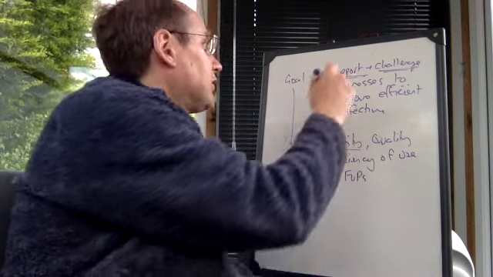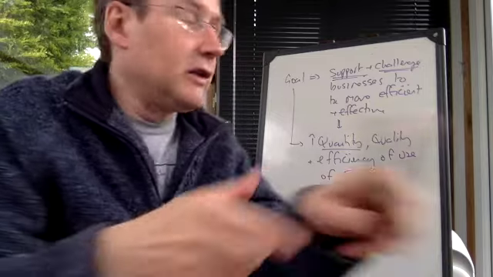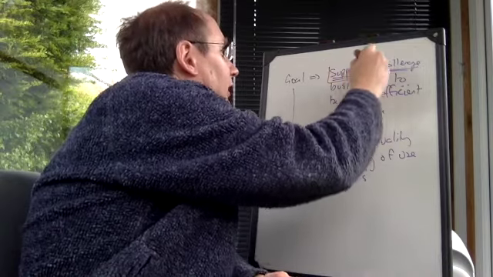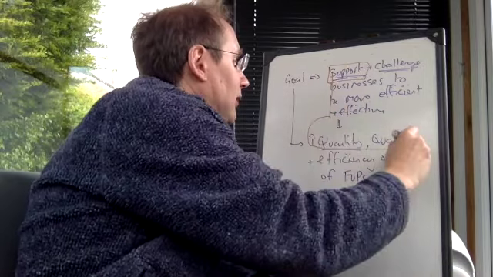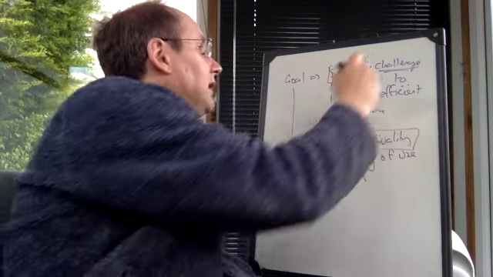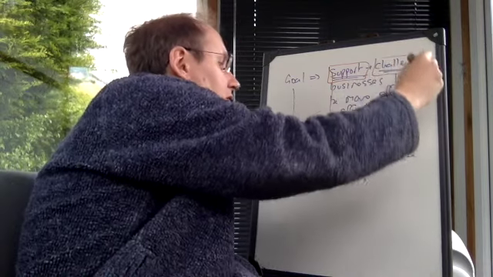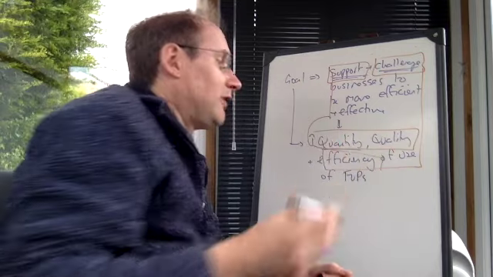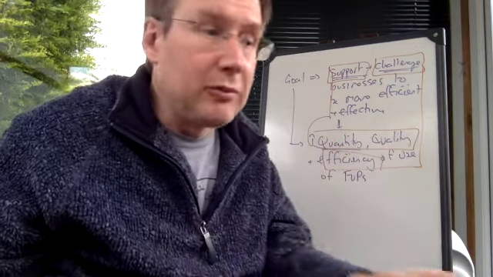So the support part is that we provide higher quality and more plentiful factors of production, and then we challenge businesses to ensure that they use them efficiently. And that's how I see supply side policies working.